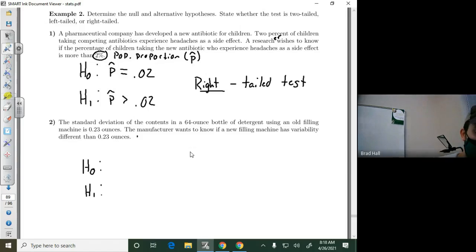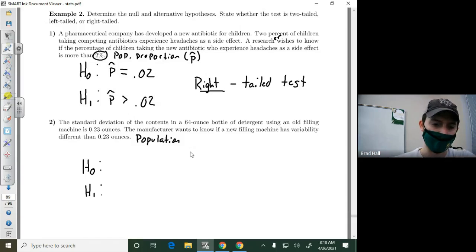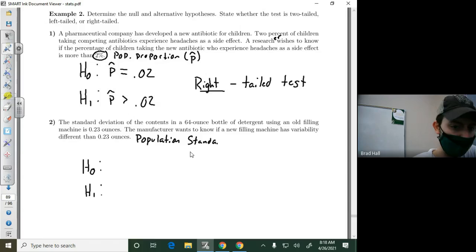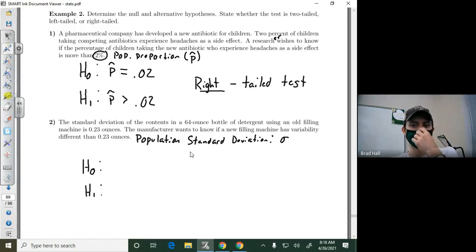So if anything, we have the population standard deviation. And in this section, we assume that everything is population because hypothesis testing deals with population parameters, which associate with populations. So this is population standard deviation. And the symbol for that is lowercase sigma. So now we have a symbol to work with.